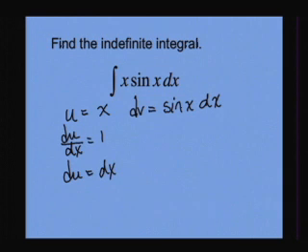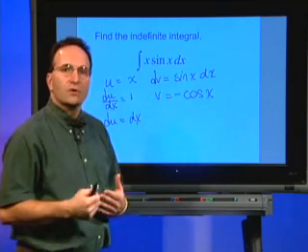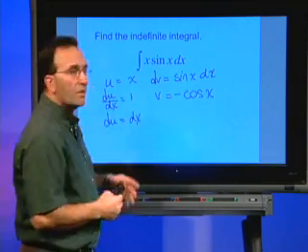And then for v, we would have to anti-differentiate the sine of x, which of course gives us negative the cosine of x. So now we have the four parts that we need in order to plug them into the formula.